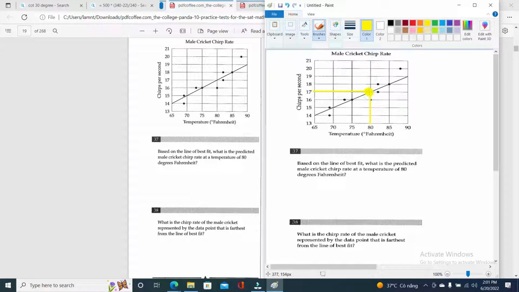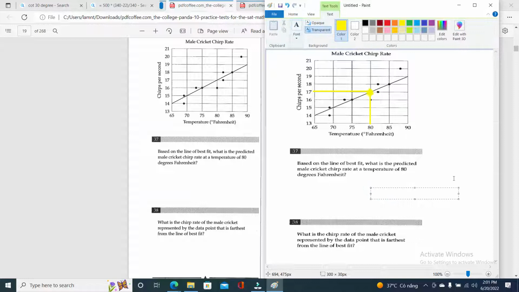So the predicted value at 80 degrees is 17. So 37 is 17. That's easily understood, right?